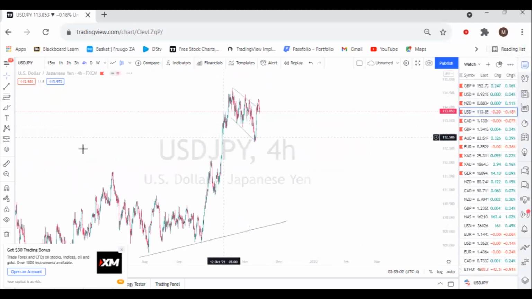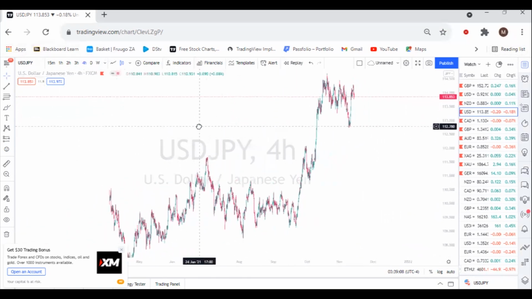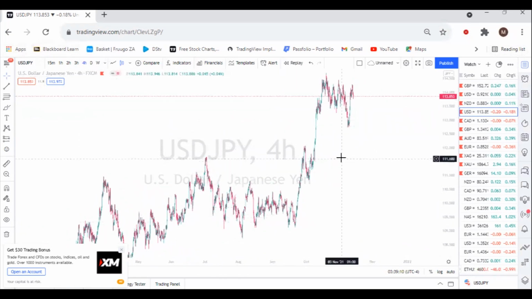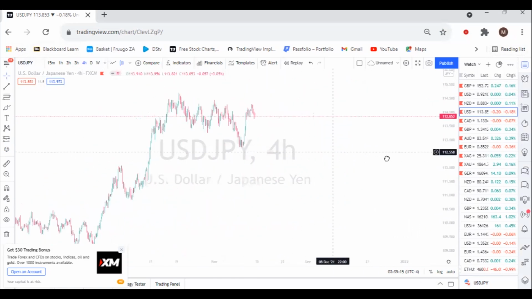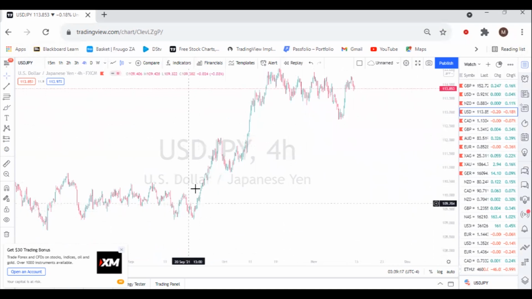So I'm gonna do the last pair because my laptop is gonna switch off. So this one, I'm just gonna quickly run through it so you can see we had this huge impulse, a bit of market correction, another huge impulse, and then right now we're currently looking at a correction.